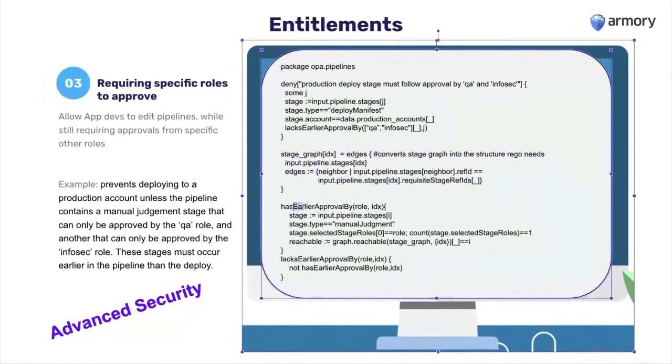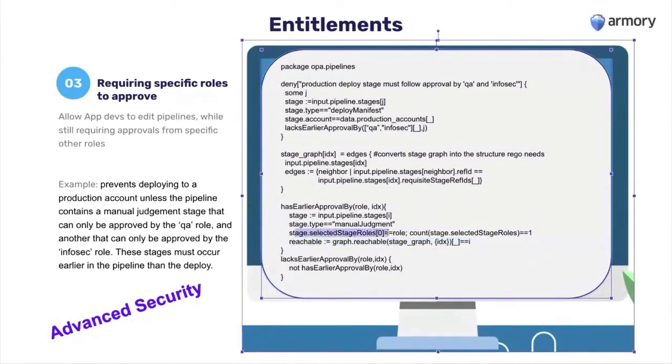This first helper function takes the index of a stage and a role, and it returns true or false. Is there an approval by that role earlier in the pipeline than this index? And this is running that graph analysis that I mentioned in order to make sure that it only looks at earlier stages.